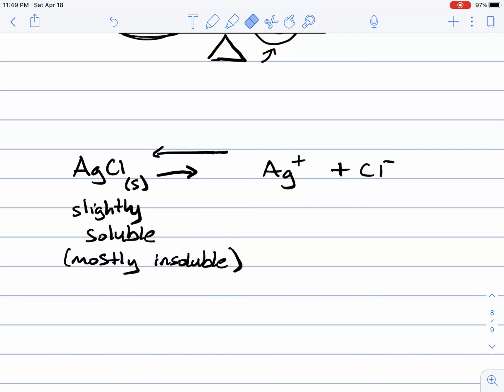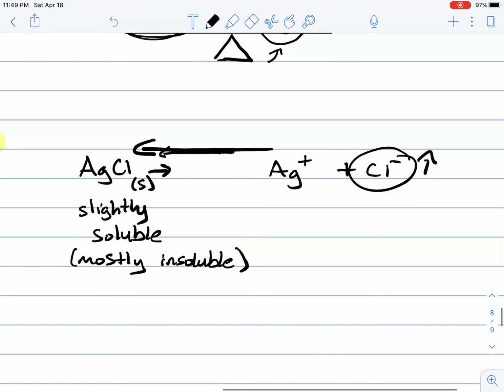But at equilibrium, there's going to be this fine balance between the two. And so when you increase the concentration of chloride by adding sodium chloride, it pushes the arrow even further to the left, making the arrow to the right that much smaller. Okay?